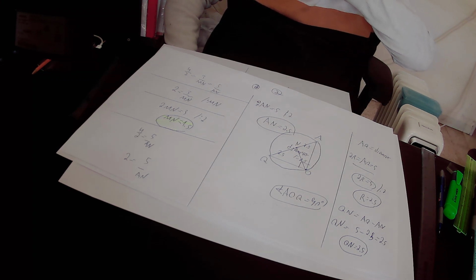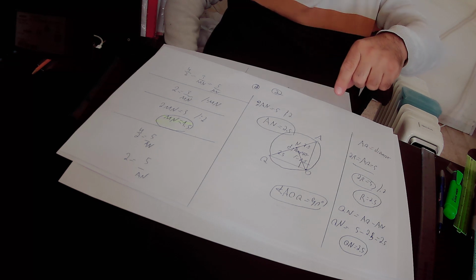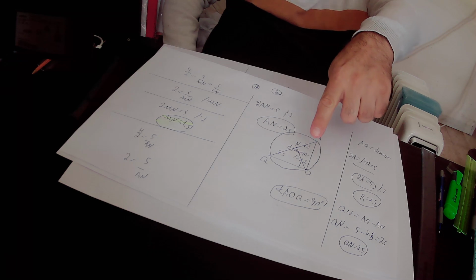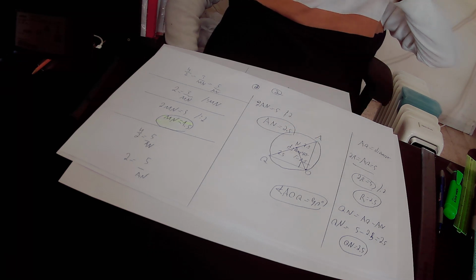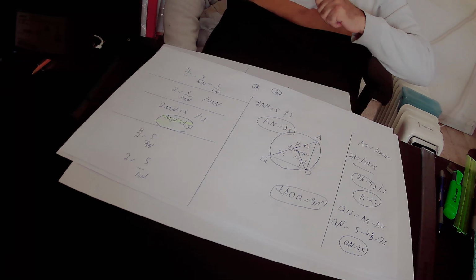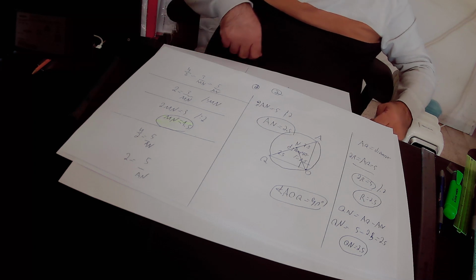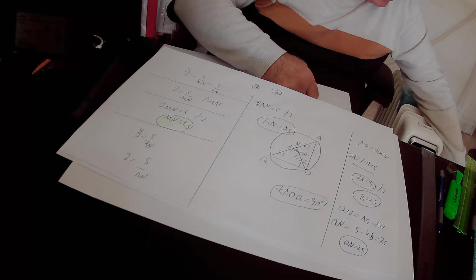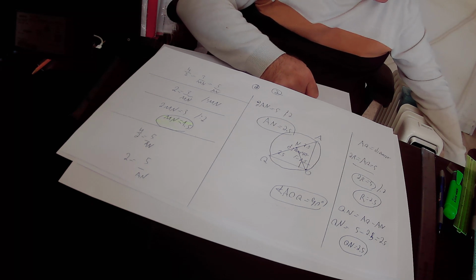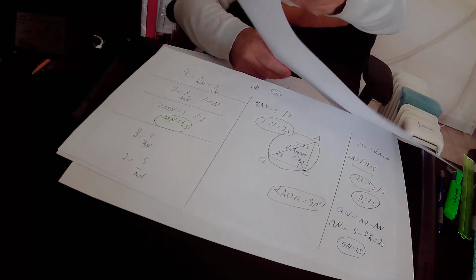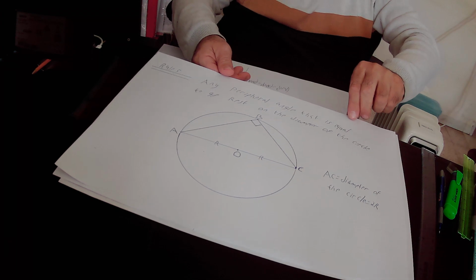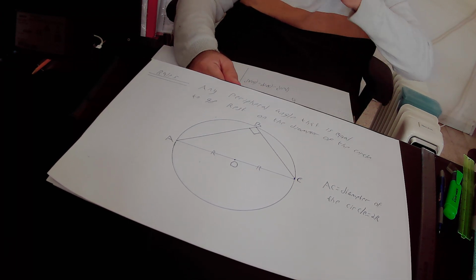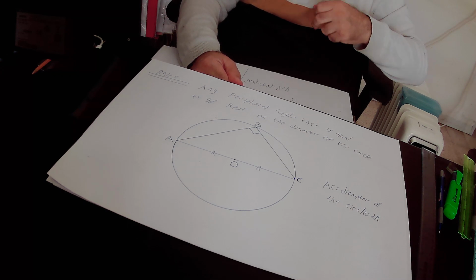So here, inside this circle we have peripheral angle AOQ that is equal to 90 degrees. And we have rule number 5 that any peripheral angle that is equal to 90 degrees rests on the diameter of the circle.